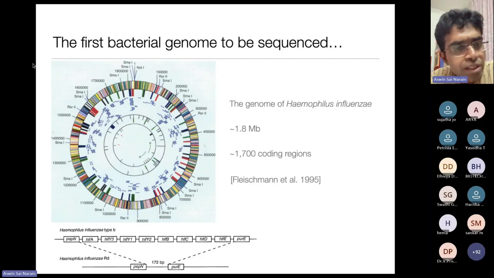And one of the other organisms in which the phenomenon of transformation, that is the ability of the bacterium to take up DNA from the environment and use that DNA as part of its genetic material, was demonstrated earliest was Haemophilus influenzae. And when this genome was sequenced, the set of genes responsible for DNA uptake by this organism were identified.